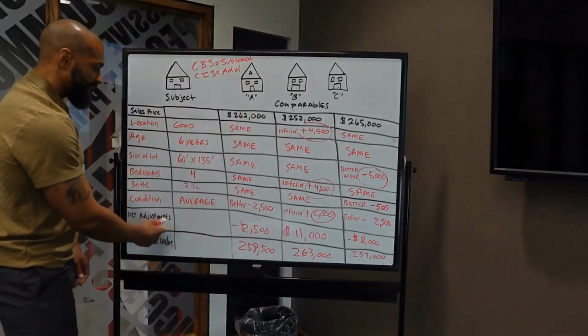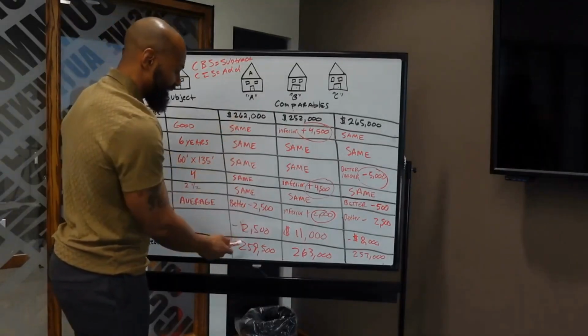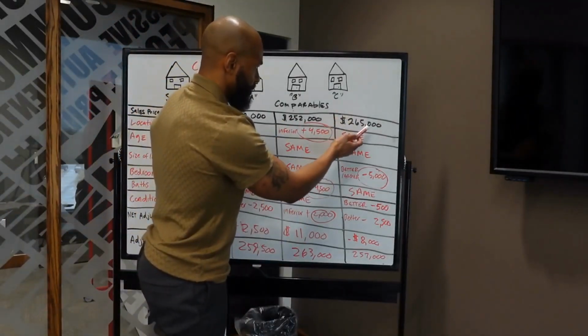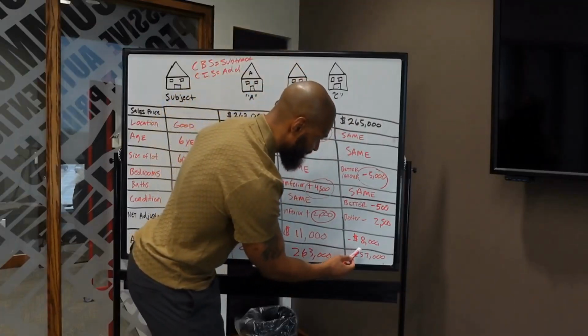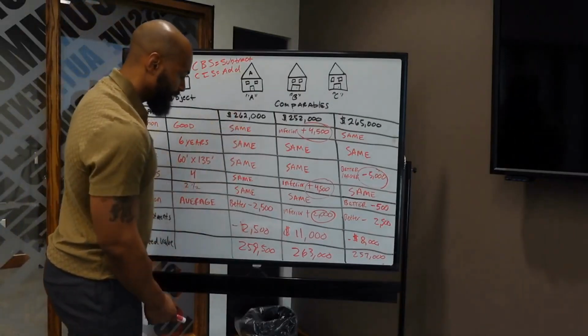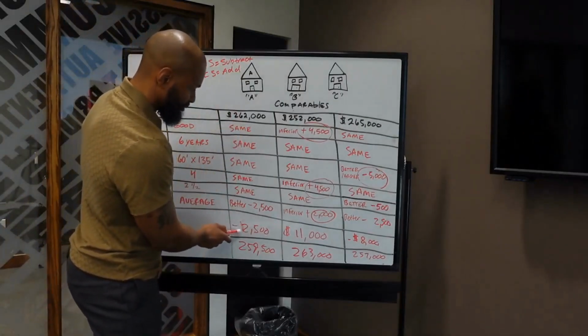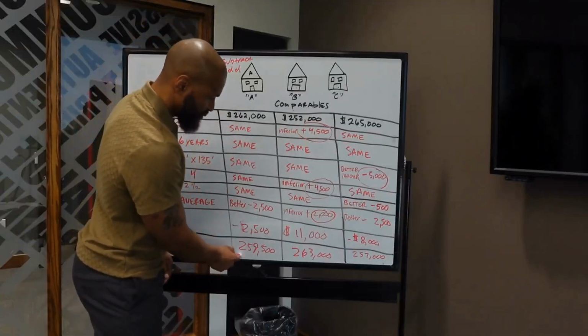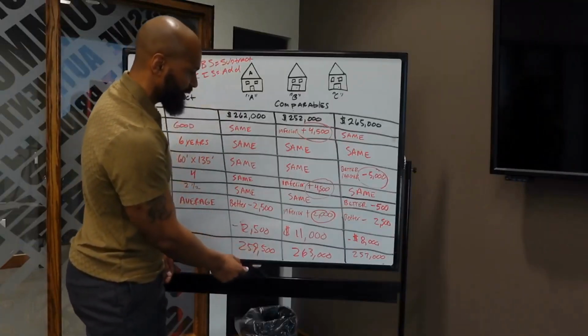Let's look at our net adjustment. We get for A, $2,500. For B, it's $11,000. For C, we get $8,000. Now we do the math. Comparable A, if we subtract from our sales price, we get $259,500.